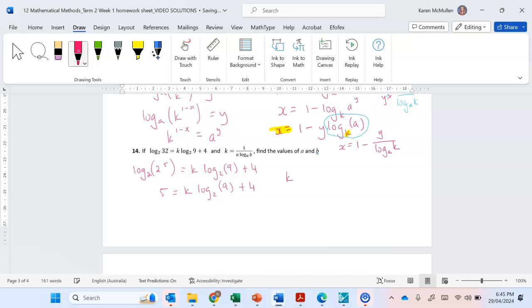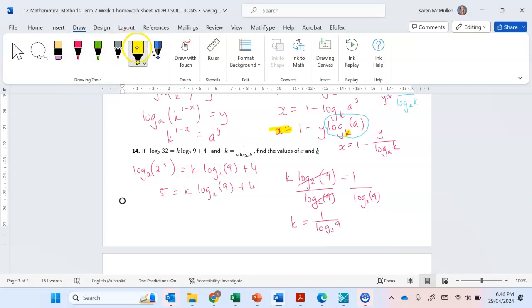I'm going to just bring that k over. So it's going to equal 1. And we want to get k on its own, so we can divide both sides by log base 2 of 9. So k is equal to 1 over log base 2 of 9.